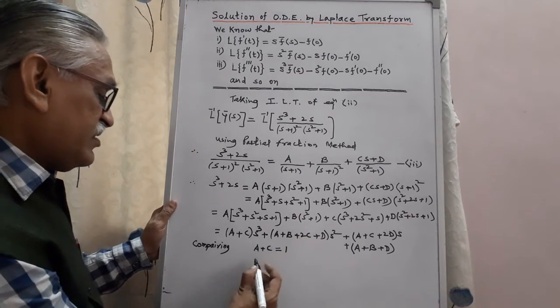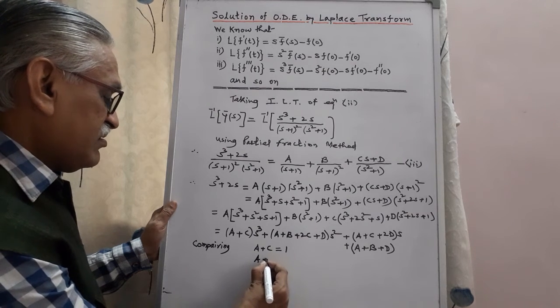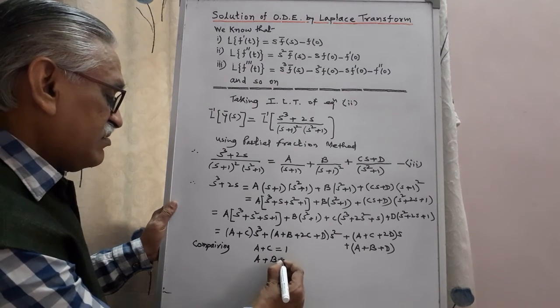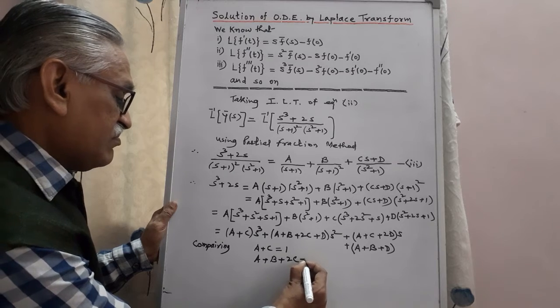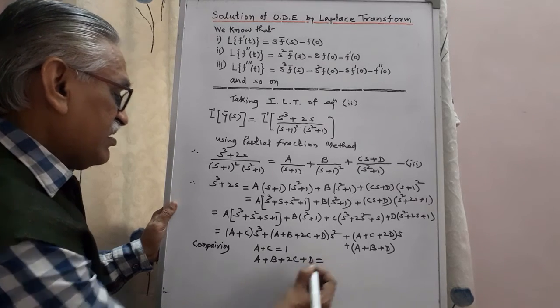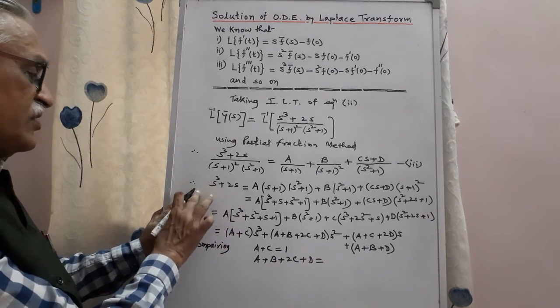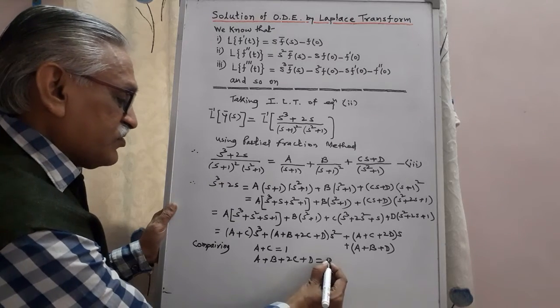Coefficient of s square is a plus b plus 2c plus d, and no term of s square, therefore it is equals to 0.